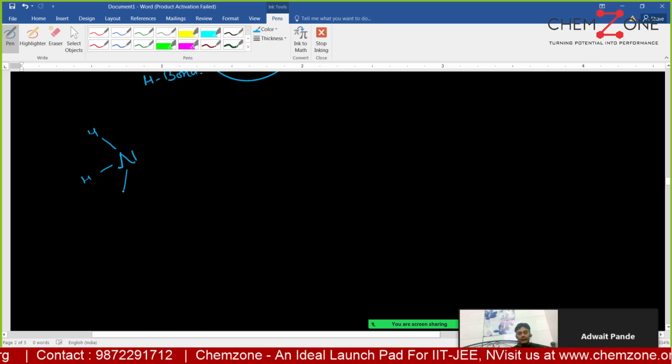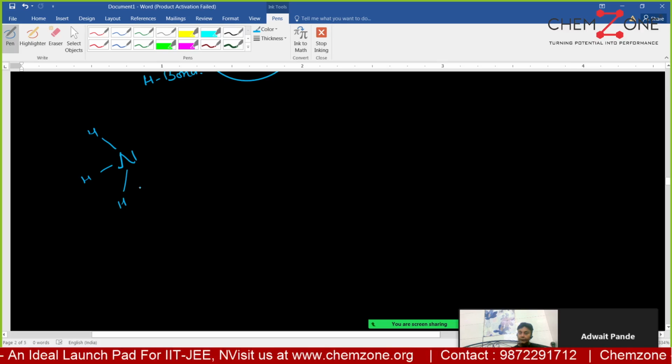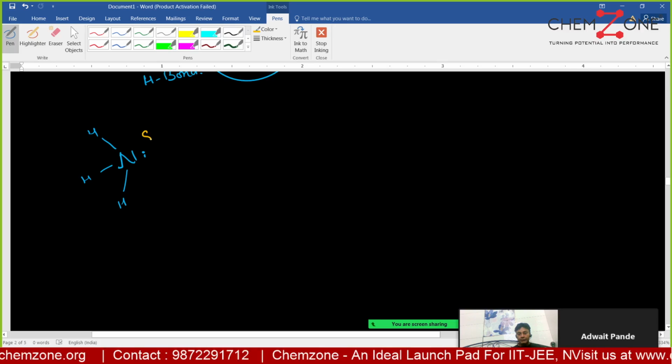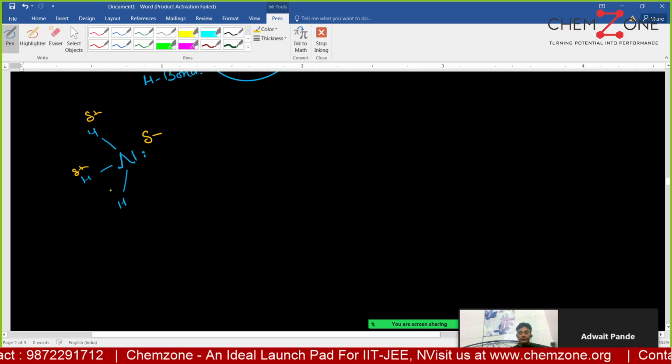What is this molecule now? Right, ammonia molecule. Out of nitrogen and hydrogen, which is more electronegative? Nitrogen. So it has a partial negative charge, and hydrogen has a partial positive charge. It's a polar molecule.